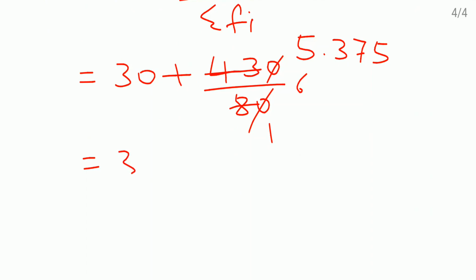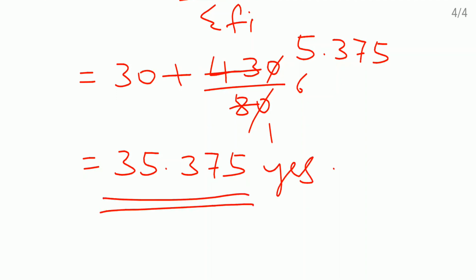So it comes as 35.375. This last digit is 5, or we can keep it as it is, no problem at all, because this number got fully divided. Years. So this is the mean age of the data.